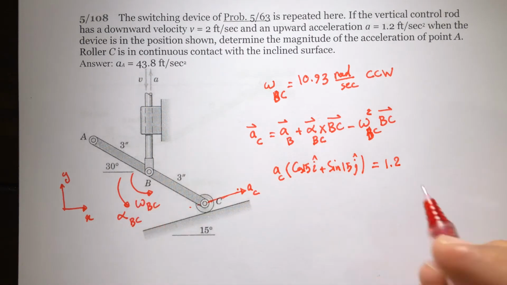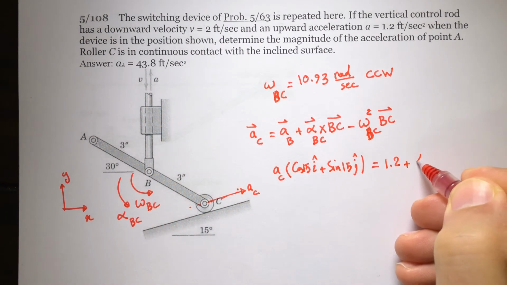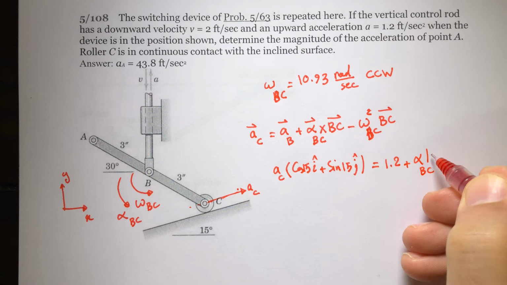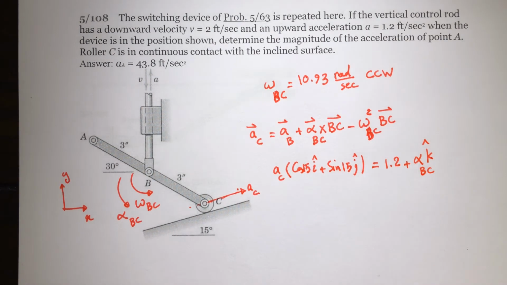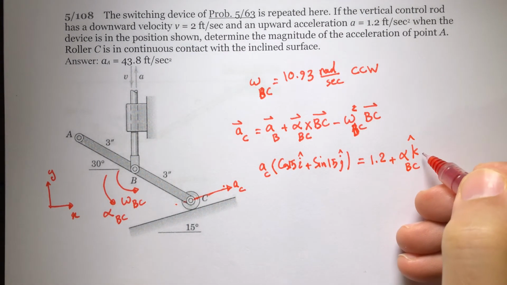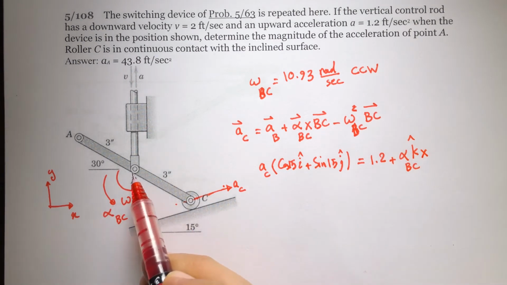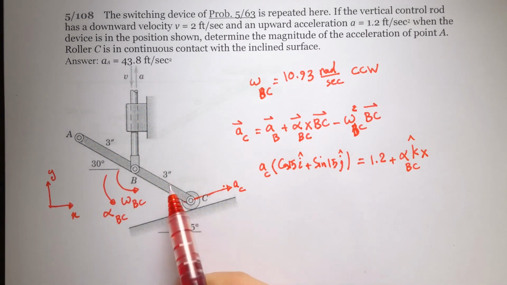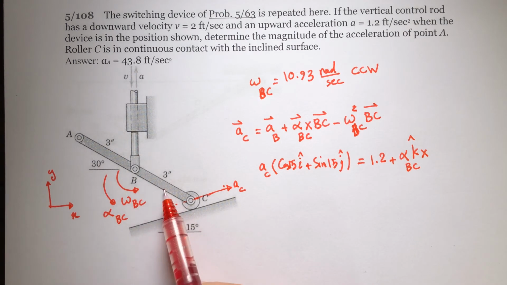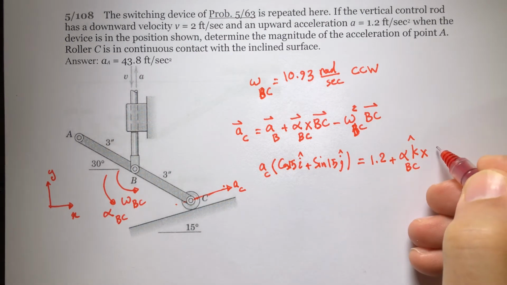Alpha of BC, the magnitude is unknown, but we assume it is in the K direction. Then cross product to BC. And BC is 3 inches in this direction. So it's going to be 3 times the unit vector in this direction. And if I want to make it fit, I need to divide it by 12.